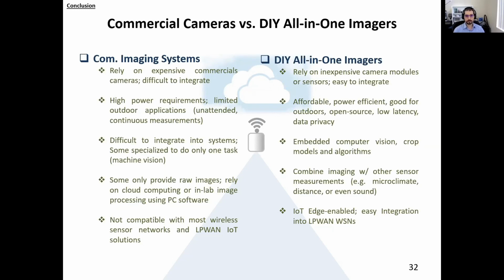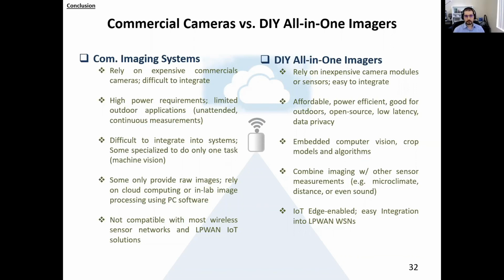There's no limitation. They're affordable, because you use off-the-shelf inexpensive components. You can replicate and use a lot of units in your projects. They're power efficient and they're good for outdoors, provided that you design a good enclosure for them.